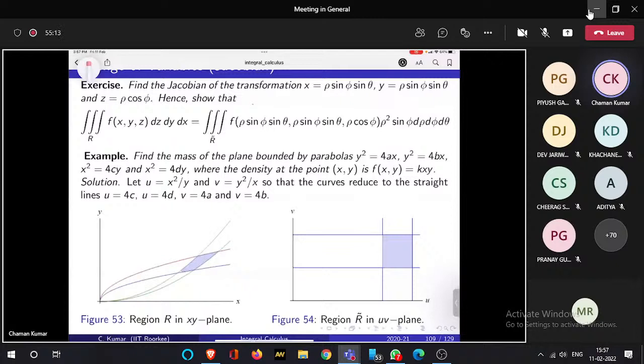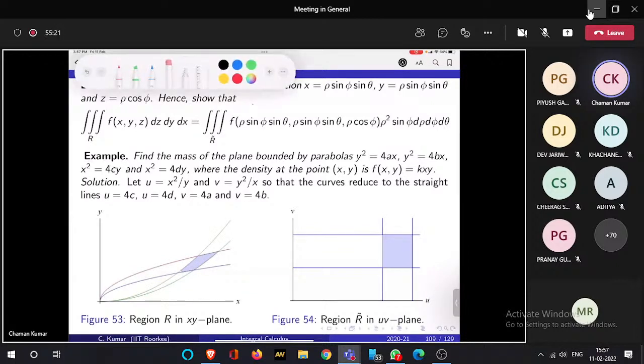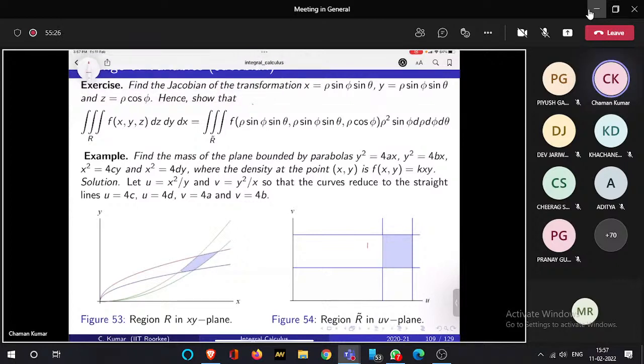The area given in picture 54 is bigger than the area given in picture 53, right? So that means in order to match the area, when you transform this integral, you have to multiply this area by 1/3. So that when you multiply this by 1/3, ultimately you come to this area. And this is what the Jacobian does.